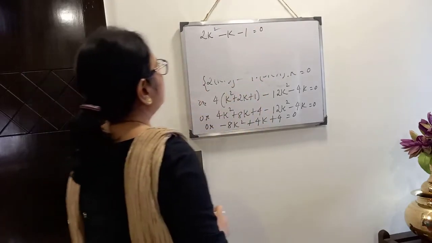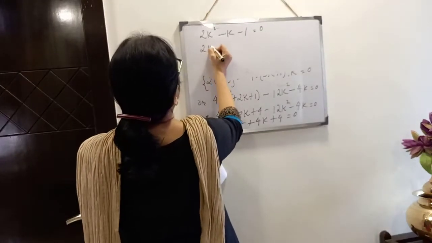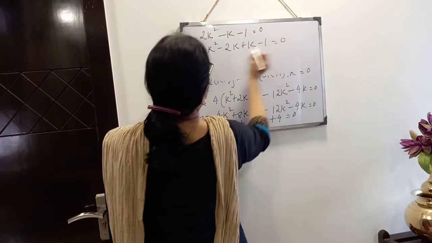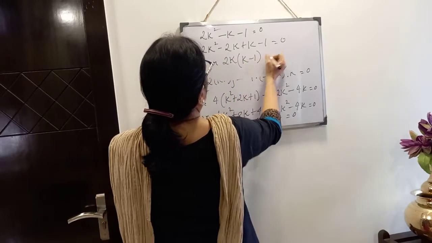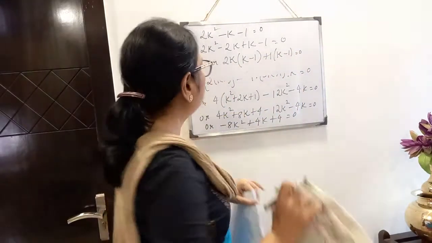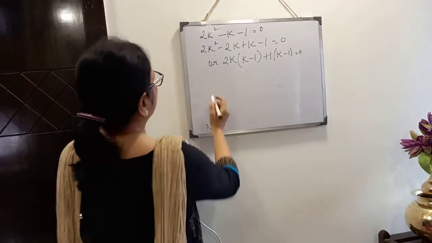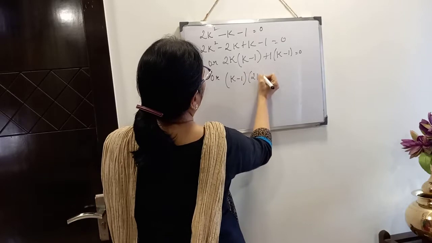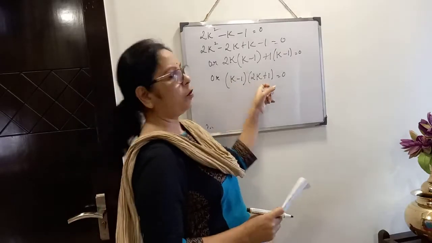So here whole square form is not possible, so we will do the middle term factor. Then the product of two factors is 0, which means either this is 0 or that is 0.